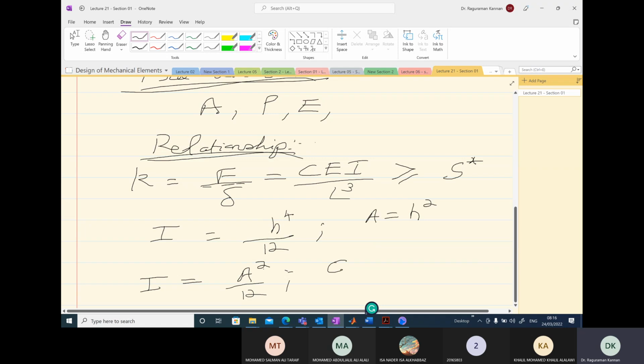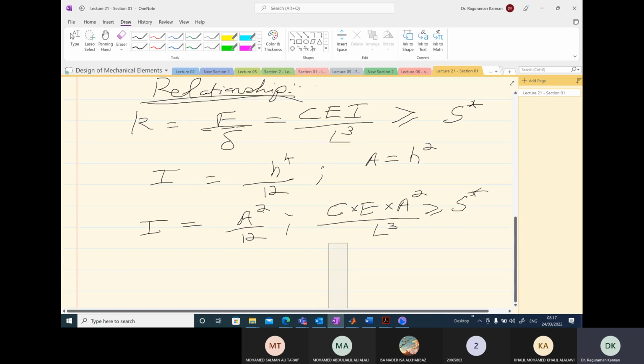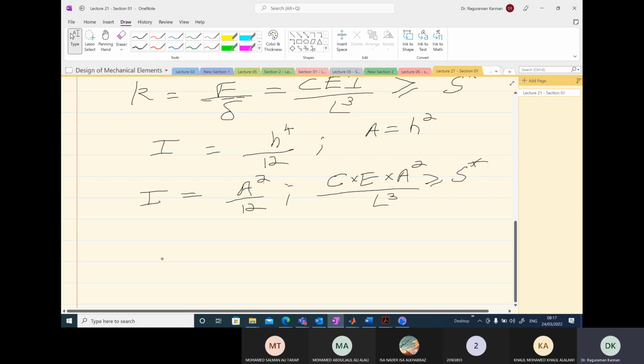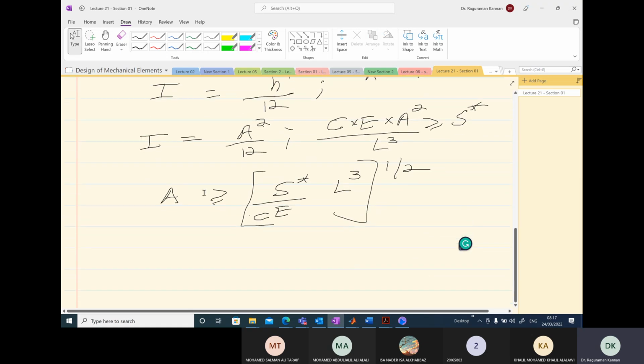I'm going to substitute here C times E times A square over L cube should be greater than or equal to S star. Now A can be written as S star L cube over C, some constant C times E, the entire one raised to the power 1 over 2. Okay. So the minimum value of A should be equal to this here.